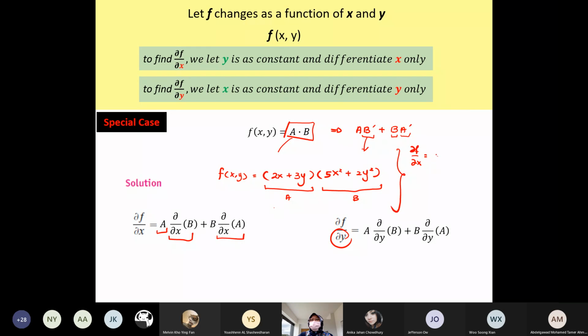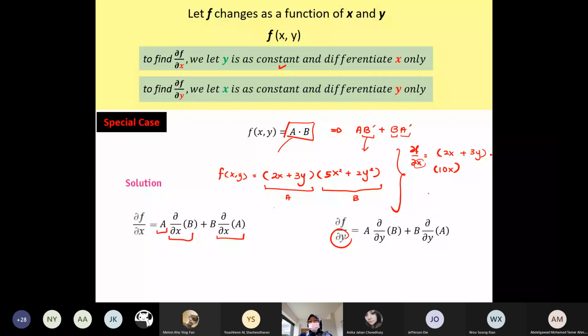A you treat as a constant, you write it down back, but you have to differentiate B with respect to X, because B is in terms of a function of X. So you multiply with the differentiation of B with respect to X. Differentiating here you have 10x, plus differentiate y, you treat as a constant, and differentiating a constant becomes 0.